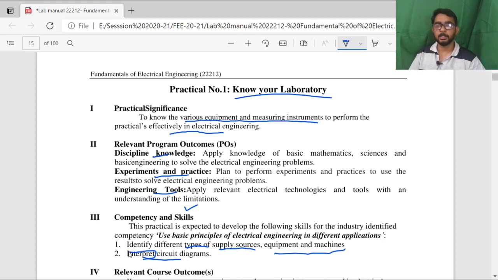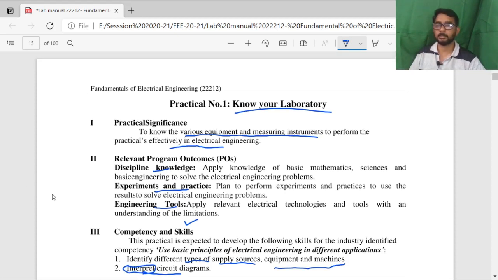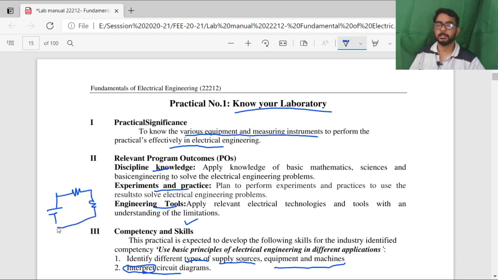Interpret means reading. Let us assume some battery source is connected and two resistors are connected like this, resistance 1 and resistance 2, one battery source of particular V volts, then current will flow.